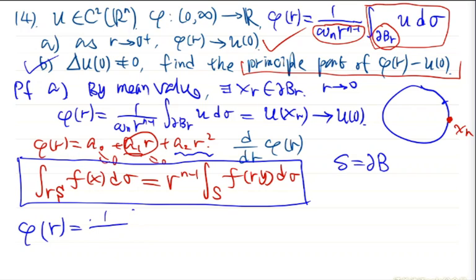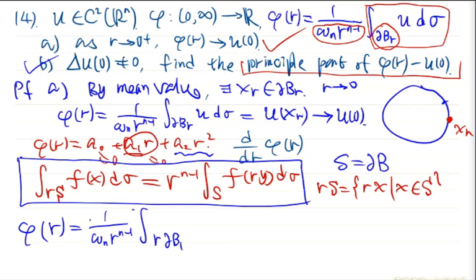Phi r is one over omega n r^(n-1) times the integral over the sphere B r, which can be considered as r times the unit sphere: rS is the set of r x with x belonging to S, scaling by a factor r.